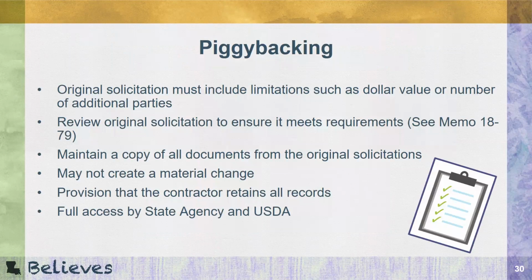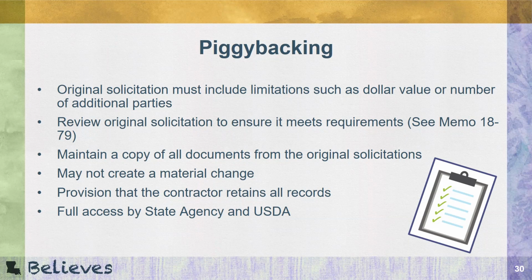If you make the decision to piggyback off of another SFA's contract, there are a number of conditions that have to be met. Both USDA and the state have piggybacking requirements, and you must follow both. The solicitation has to include limitations such as either the dollar value or the number of additional parties that can be added if piggybacking is going to be allowed.